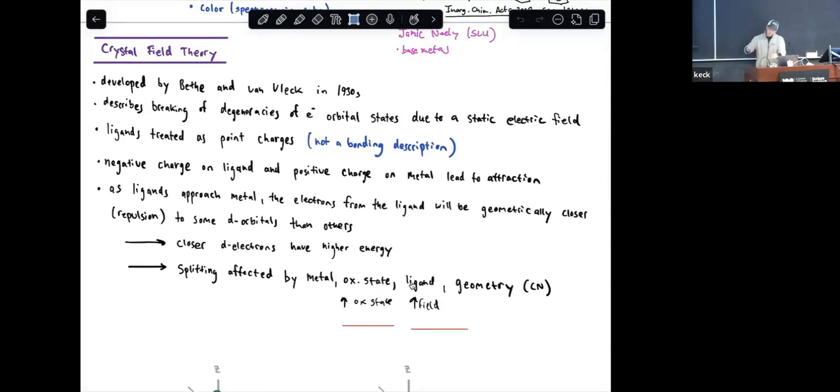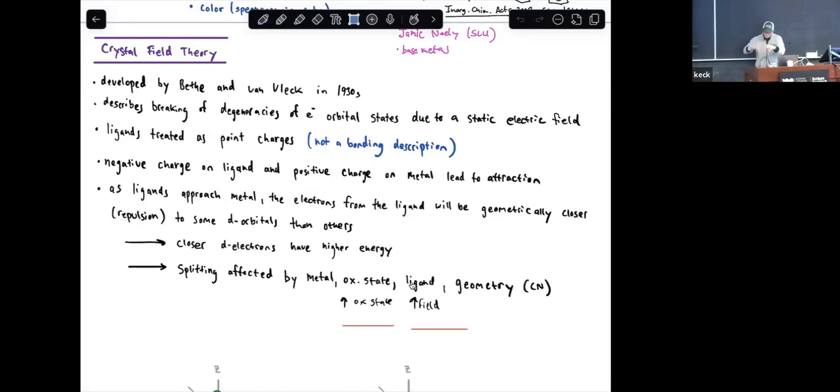If you think about a given coordination geometry and simplify the ligands to point charges, then those point charges will induce a static electric field that changes the relative energies of the constituent d orbitals involved, or the constituent orbitals in general, and specifically of relevance, the d orbitals.